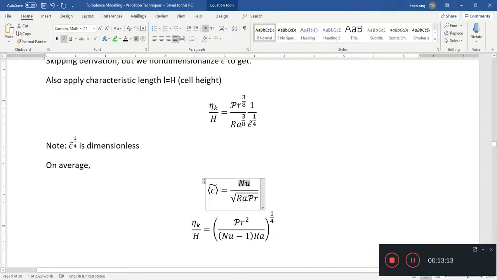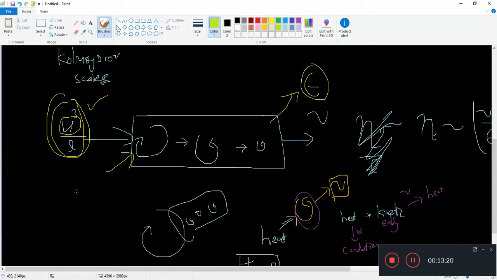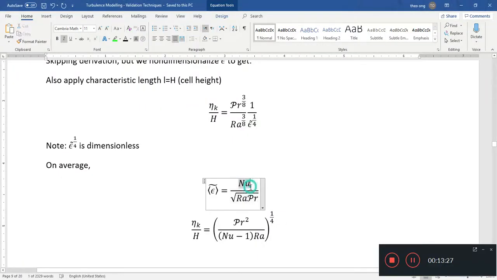So on average the dissipation rate will have to equal the feed rate, and the feed rate is governed by, lo and behold, your Nusselt number, because that's the heat transfer rate. So the maximum energy your eddies can have, or that's being fed to the eddies, will be determined by your heat transfer rate. And of course you have your Rayleigh and Prandtl number at the bottom here.